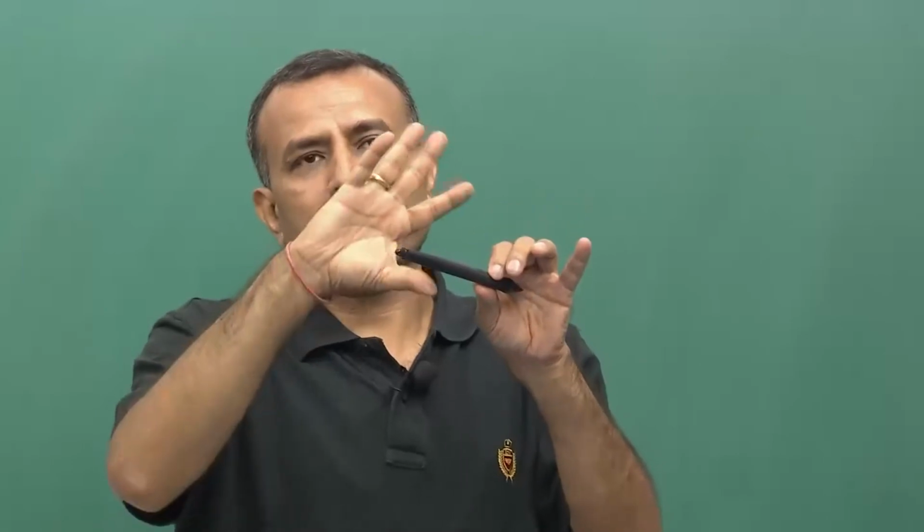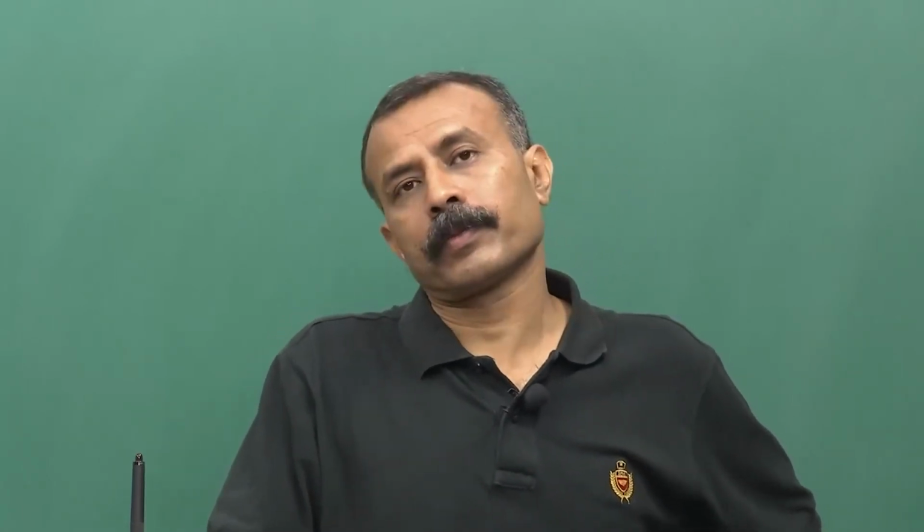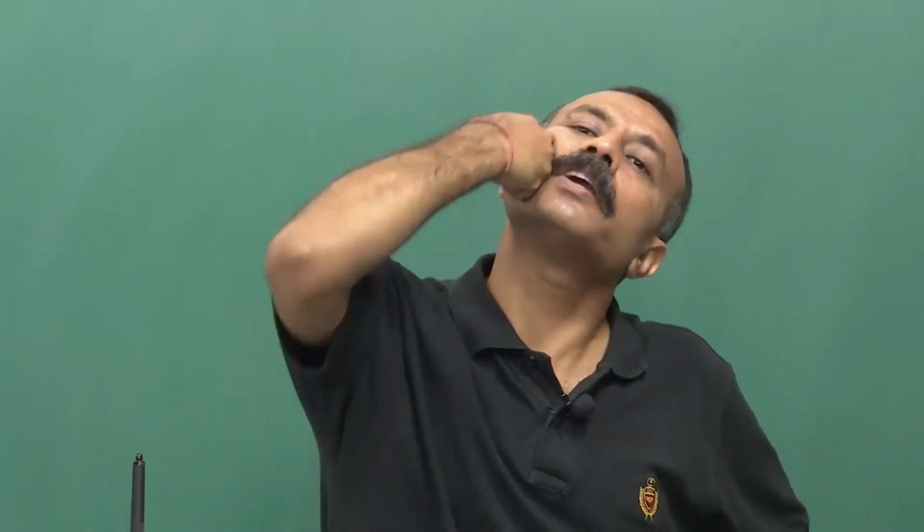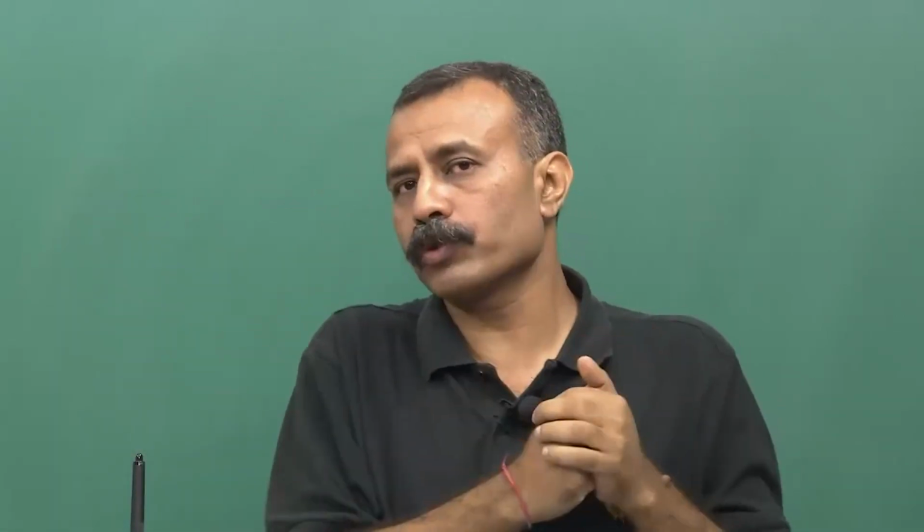I bend it, it comes back. So, it should have some form of memory. The muscle which I am hitting should have some form of memory or some form of signal. I distort the muscle like this, there is a distortion in the muscle. If I keep on holding it, it will remain like this. Otherwise, the very moment the force is released, it comes back to its original position.